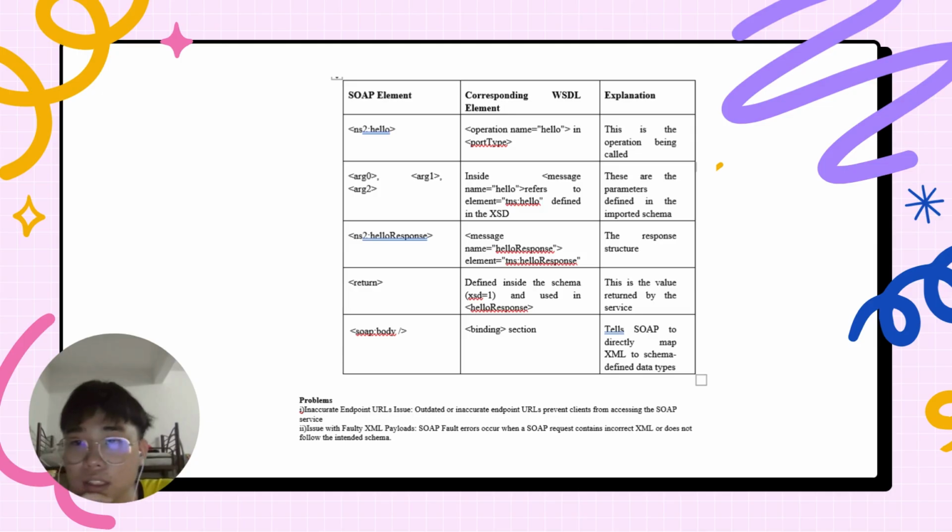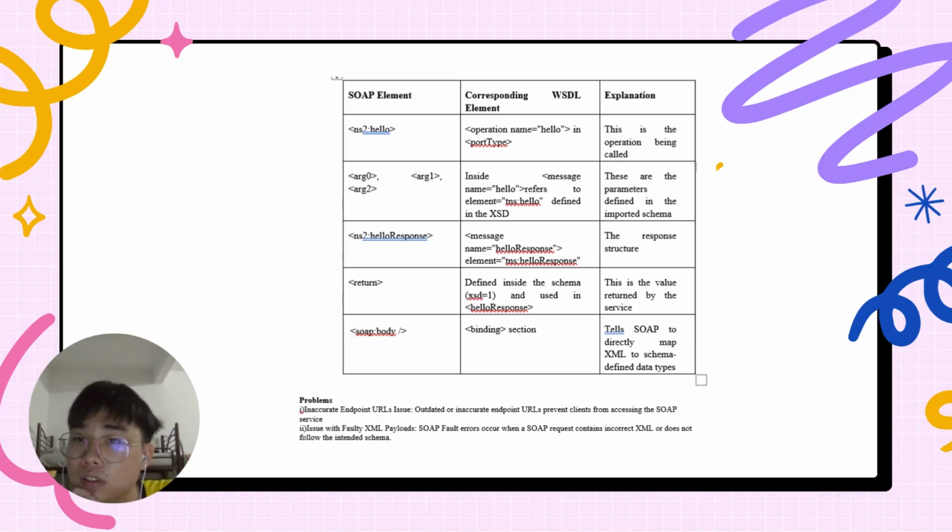And then thirdly, the SOAP element is ns2 hello response that matches the message name equals hello response, element equals tns hello response. The explanation is the response structure. So the fourth is return.